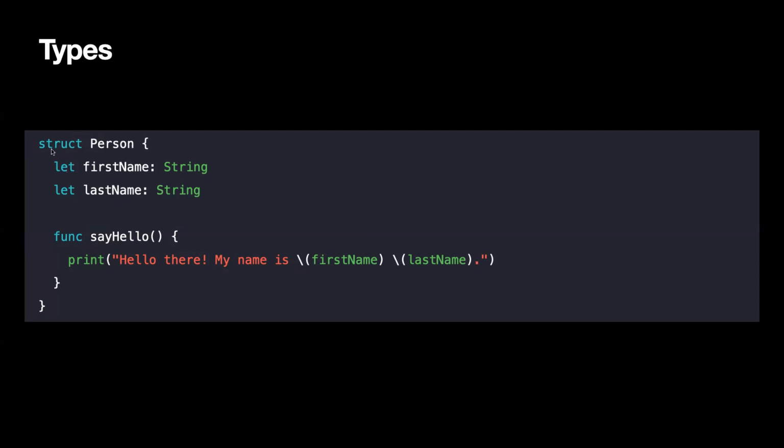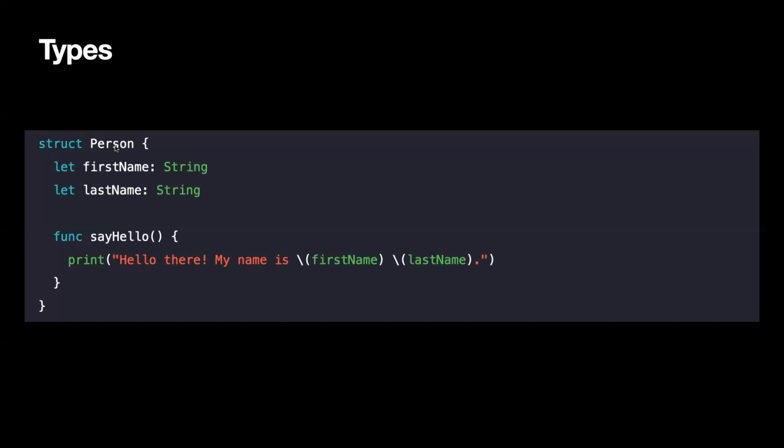So notice here you have a keyword called structure. There's another keyword that we can use later on, which is called class. And then the name of that data type, which is Person. These are the attributes that belong to that person, and these are the functions that are also associated with that person, or that the person can do.